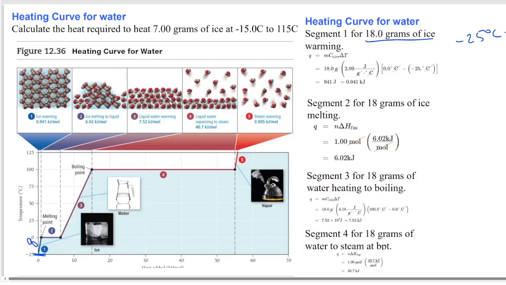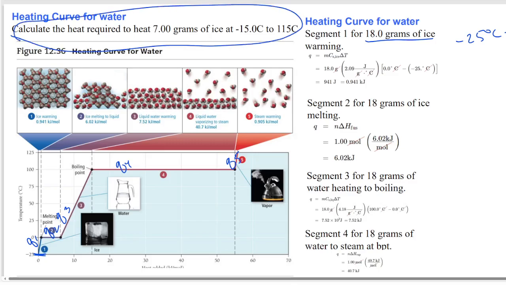So we have Q1, Q2, Q3, Q4, and Q5. In our example, we're heating 18 grams of ice from negative 25 degrees C to 125 degrees C. First we have Q1.